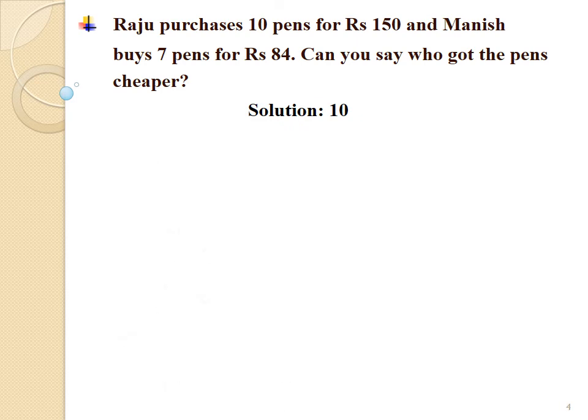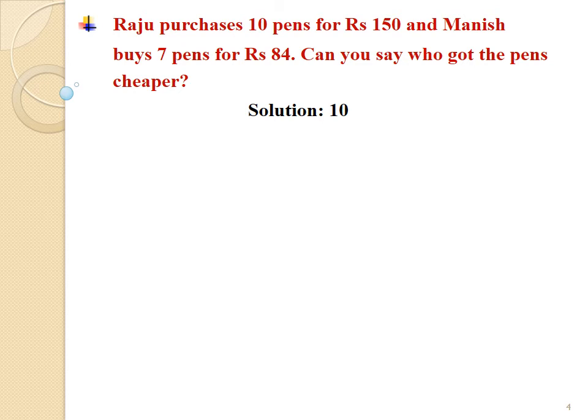Now, sum number 10. Raju purchases 10 pens for rupees 150 and Manish buys 7 pens for rupees 84. Can you say who got the pens cheaper?